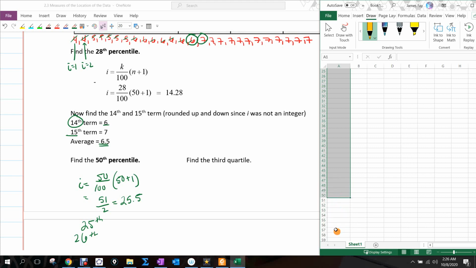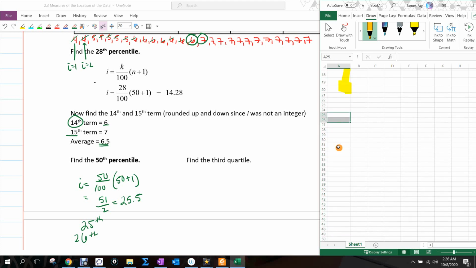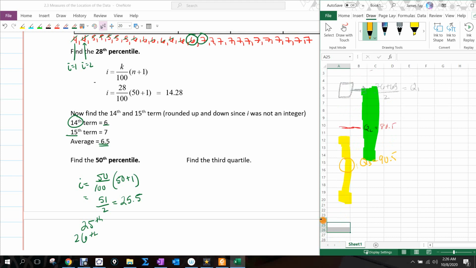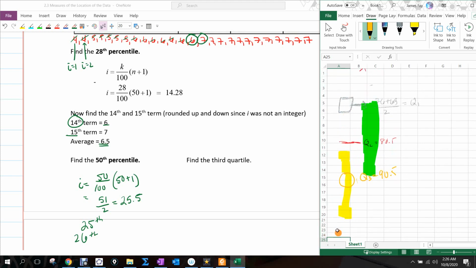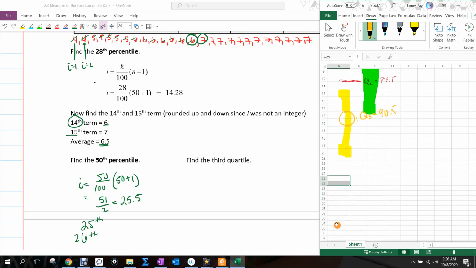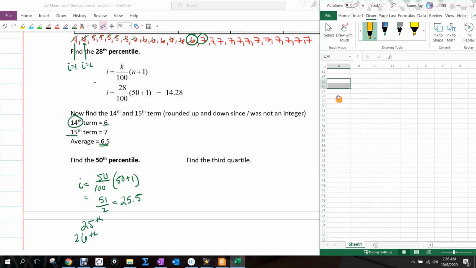So what this is telling me is if I highlight the 25th and the 26th term, right there, you're going to have 24 numbers above those, and then you'll have 24 numbers below those. And what does that essentially tell us? Well, that allows us to find the median of our list.